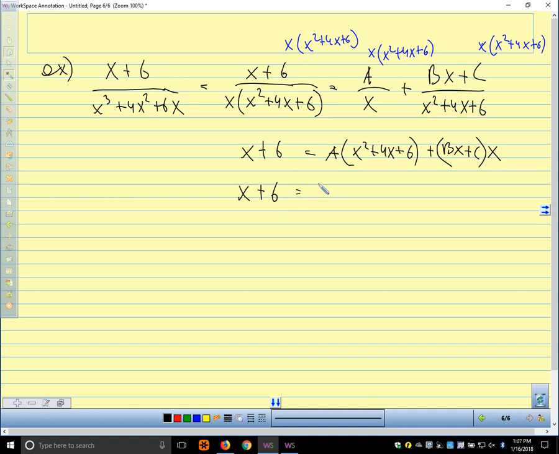So I get an ax squared, and here I get a bx squared. Here I get a 4ax, and here I get a cx, and here I get a 6a.